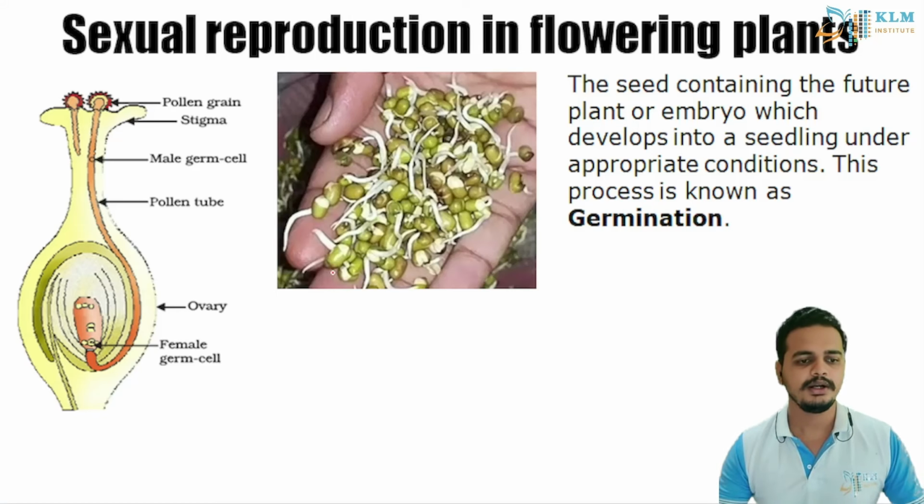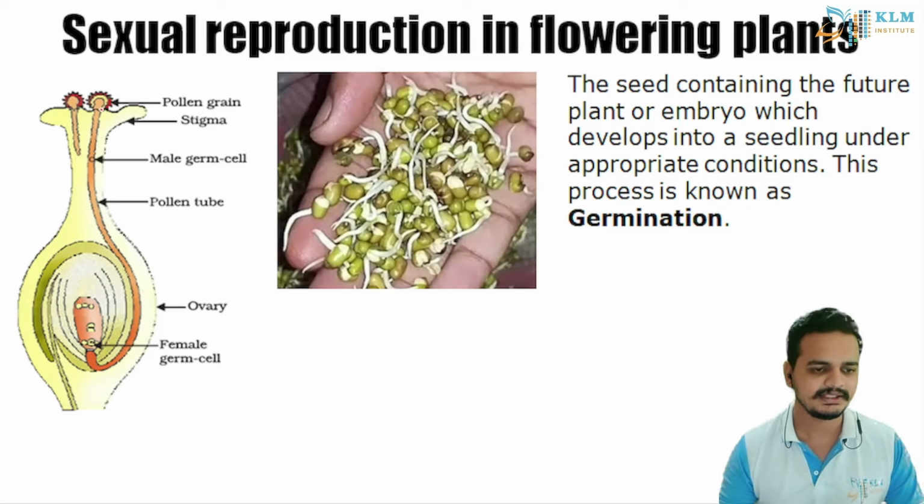So now what happens when the pollen grains come and stick onto the stigma? You can see here, this is the pollen grain. Pollen grain produces a male germ cell, that is the pollen tube, which reaches down through the style. This is the style, students.